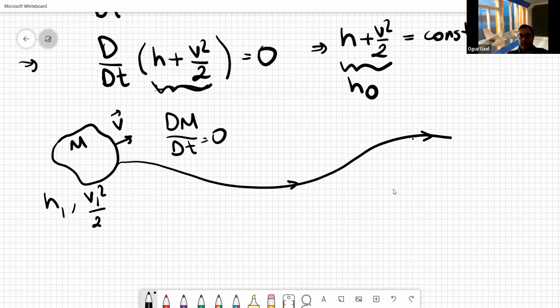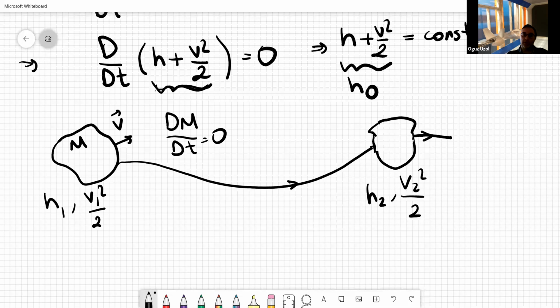The extreme case is decelerating towards zero velocity. But for any motion of this fluid particle, its kinetic energy will change. Let's say it reached a state 2, at a different kinetic energy level. One of them could be the zero velocity level, a specific case, but it could be at any kinetic energy level. So V2 square over 2, and it will be at an H2 level.